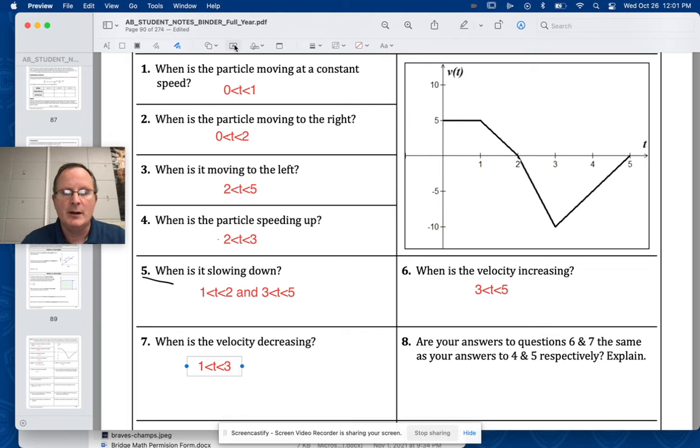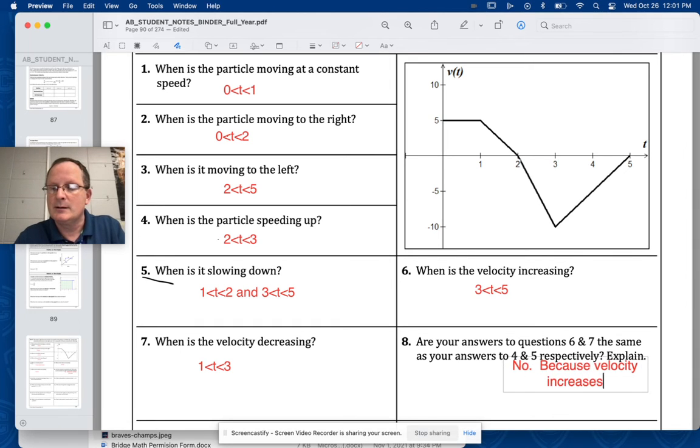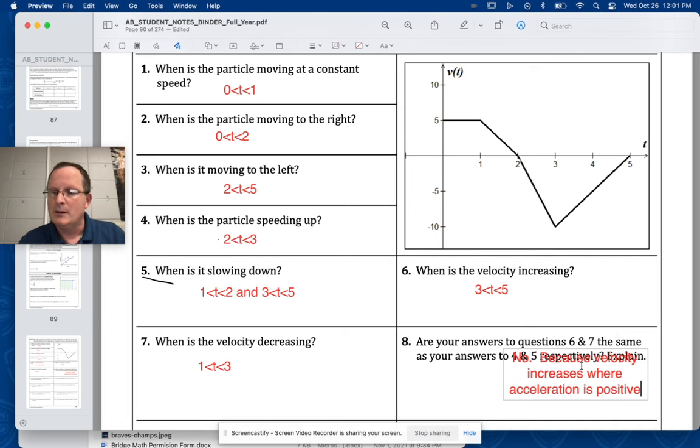So no, they're not the same, because velocity increases where the slope is positive, where acceleration is positive.